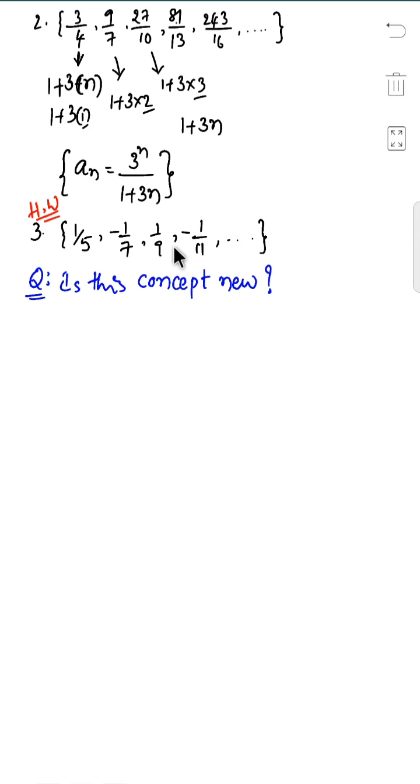Didn't we study sequences before, in the previous classes anywhere? The answer is we studied these sequences previously by way of progressions, that means in the name of progressions. We studied arithmetic progressions.